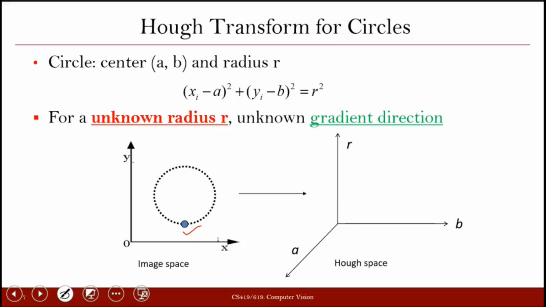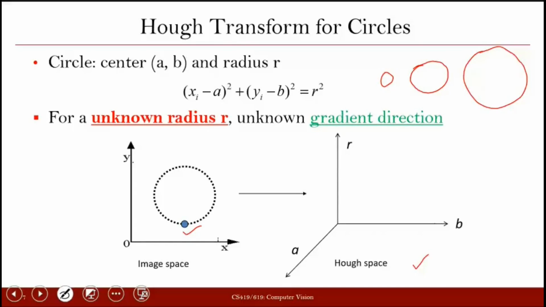Okay. So if you do that, corresponding to a particular point here and for a given radius, you will have a circle. But this circle will change its size when the radius is reducing or increasing. So for a particular radius, if in this Hough space you have plotted a circle like this, then when you increase the radius, this circle will become like this, right? Or if you reduce the radius, this circle will become like this.